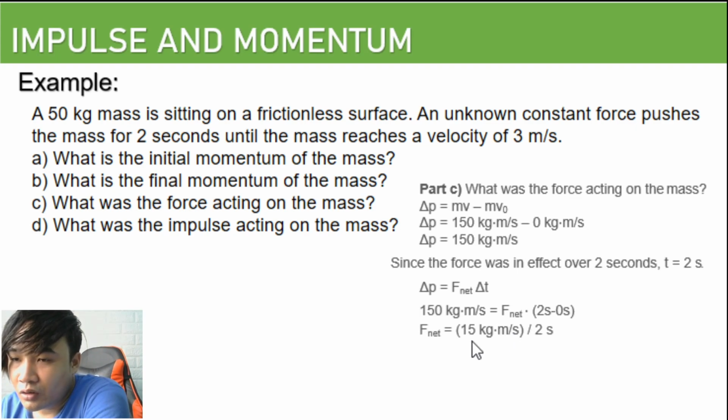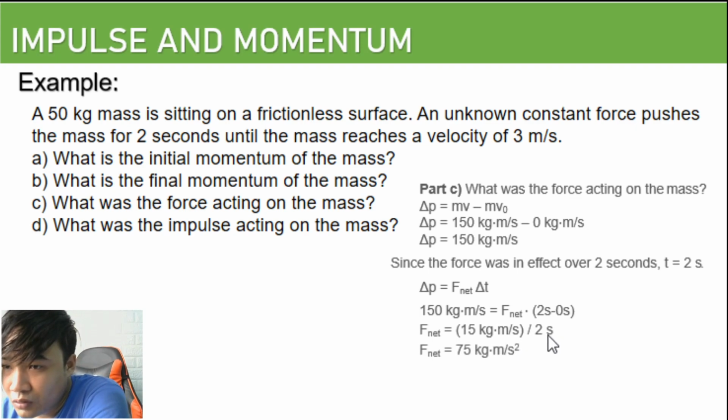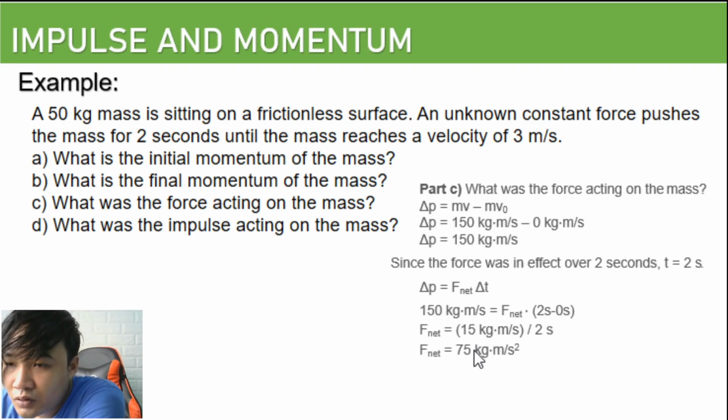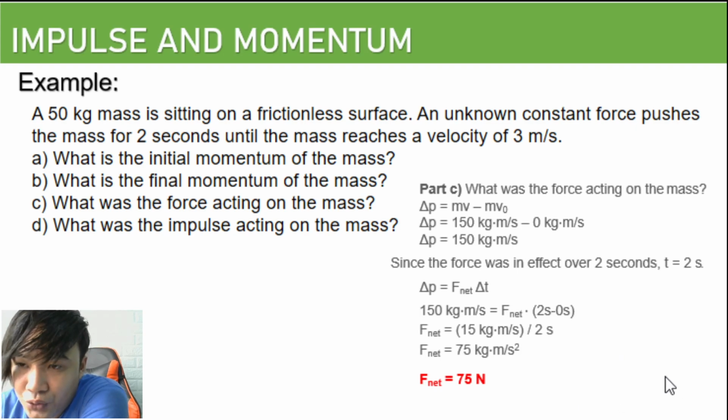Meron tayo dito ang 150 divided by 2 equal to 75 kilogram meter per second square. So yung kilogram meter per second square equal to Newton. So, net force is equal to 75 Newton.